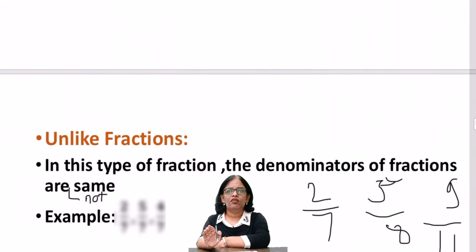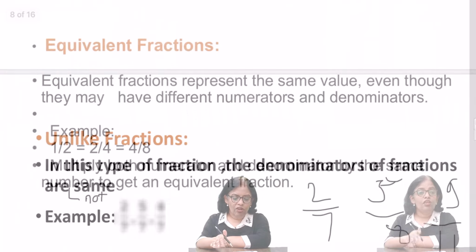So the denominators are different. That means they are unlike fractions. So it is very simple. In this type of fraction, the denominators of the fractions are not the same.